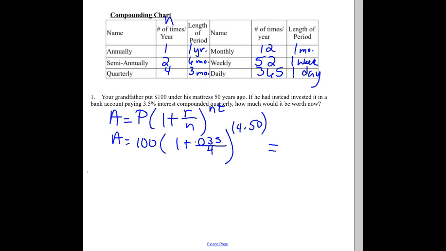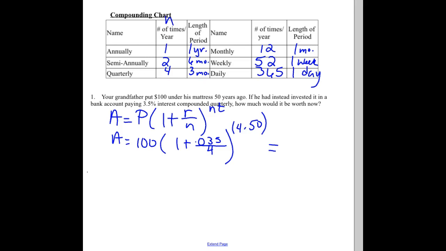If you have the older calculators, you will need to put that 4 times 50 in parentheses, or just multiply it in your head and put it in as 200. All right, double check how you typed it in versus what you see on the TV here.